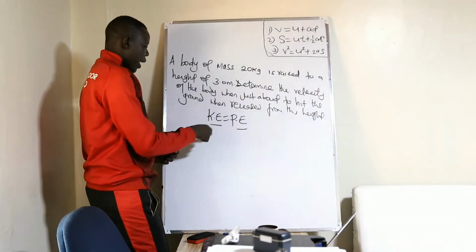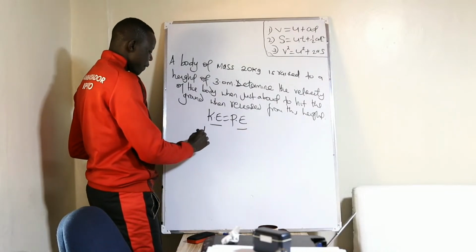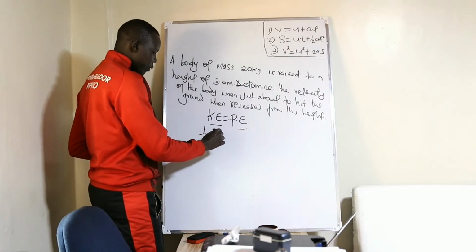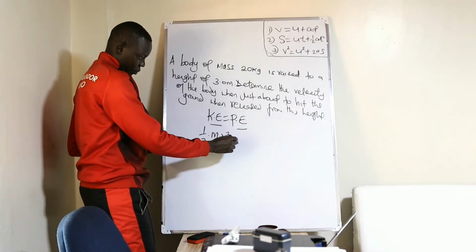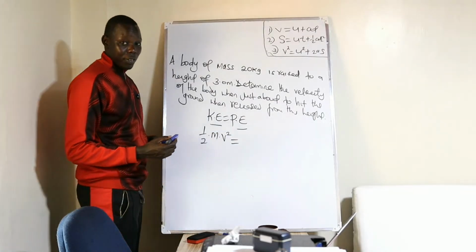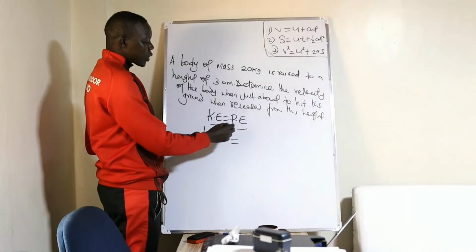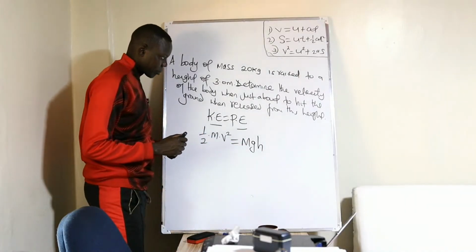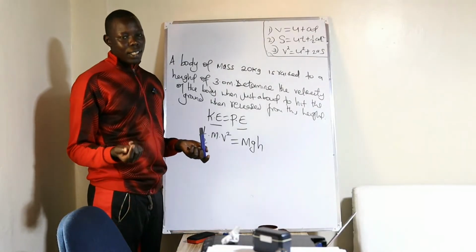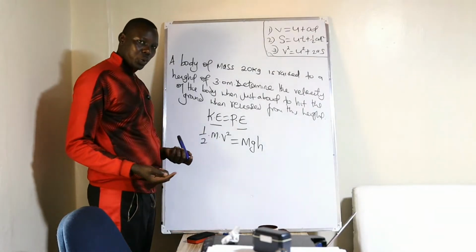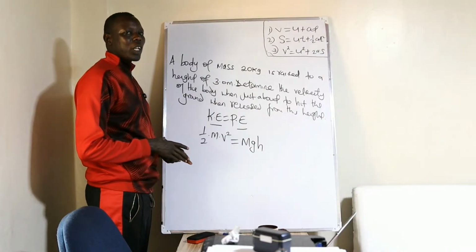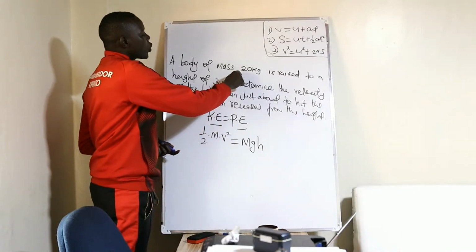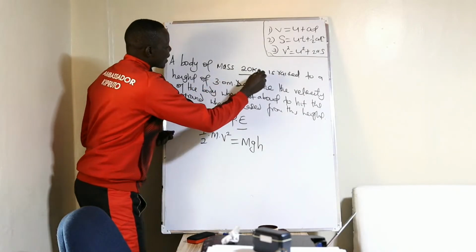Kinetic energy is given by half times mass times velocity square. That is the formula of kinetic energy, which is equal to potential energy, which is m, g, and h. This m and this m should even cancel out because we are dealing with the same body. But because we are also provided with the mass, it can stay there. There is no problem.